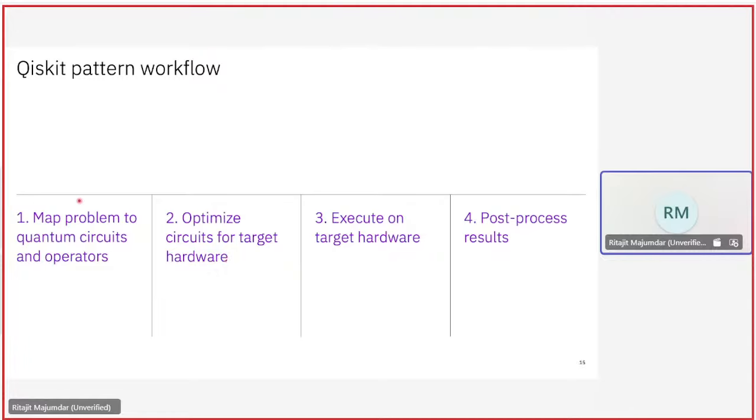But why is it good to break it down into patterns? The first step, when you are mapping the problem into the language of a quantum computer, you don't need to worry about whether these circuits are optimized or not. That is not what you should be focusing on at this point.